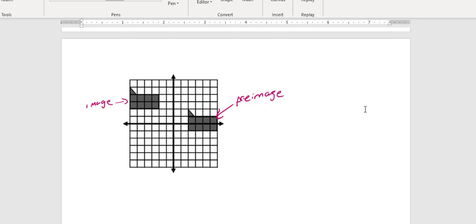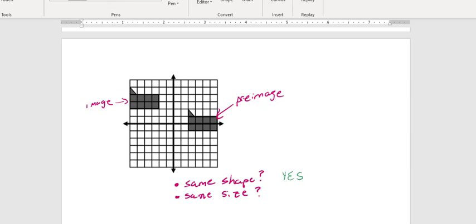One of the ways that we might begin looking at this is, first, is the image exactly the same shape as the pre-image? That's one of our questions that we need to ask ourselves. Is it the same shape? In this case, I can look at that, and hopefully you can too, and say, yeah, it's the same shape. Another question we should ask ourselves is, is it the same size?